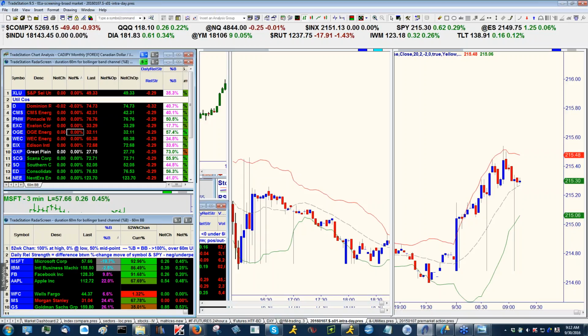The second key piece of information is whether there is follow-through or not, and looking at the net change from the open will give that to you. So sticking that into your watch list, or however you monitor various symbols, is something that will really help you. And again, that's really the key for me in getting good trades.